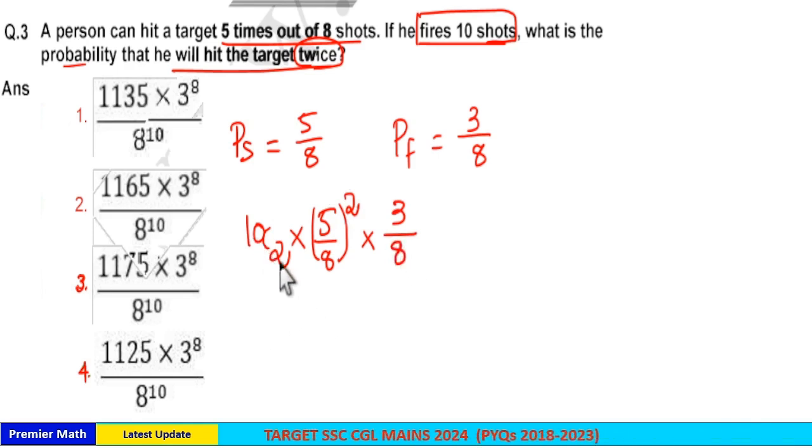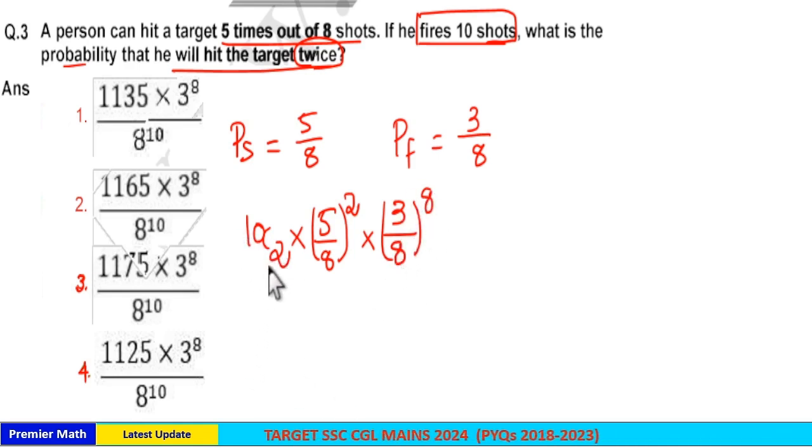But out of these 10, 2 times you hit the target. So remaining 8 times you fail. So probability of failure is 3 by 8 raised to 8. Total 2 plus 8 is 10 times. So 5 by 8 the whole square is the chance of success. And 3 by 8 raised to 8 is the chance of failure.